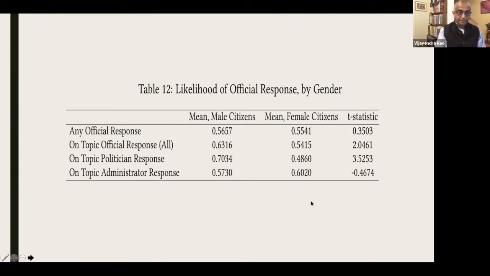Now, what do you see here? If there's any official response, there's no difference across gender. But if there is an on-topic response, men are more likely to get an official response than women. And almost all that effect is coming from the response of politicians. Administrators are not discriminatory on gender, but politicians are.